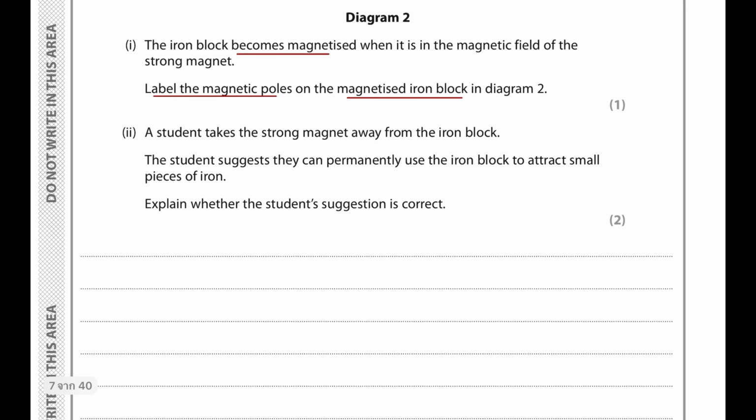Then question II. A student takes the strong magnet away from the iron block. The student suggests they can permanently use the iron block to attract small pieces of iron. Explain whether the student's suggestion is correct.